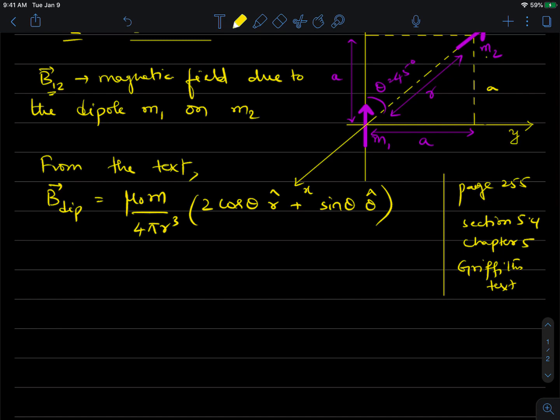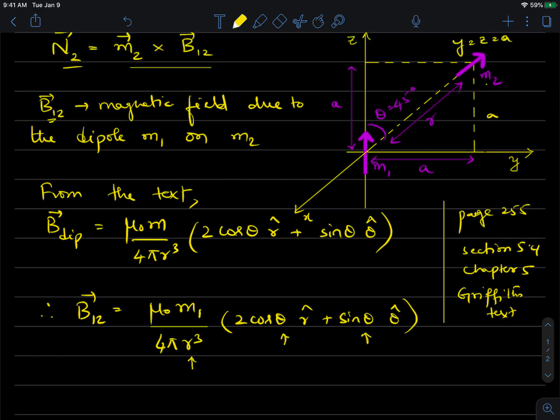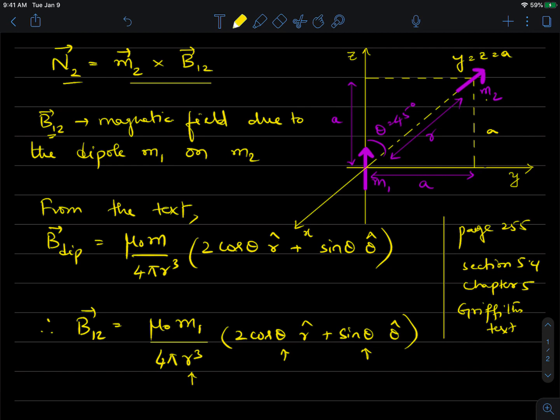Therefore B12 is equal to mu naught m1 by 4 pi r cube times (2 cos theta r cap plus sine theta theta cap). The magnetic field is due to m1, so we use m1 in the numerator. Now what is the value of r and what is the value of theta? r is the distance of separation between m1 and m2.